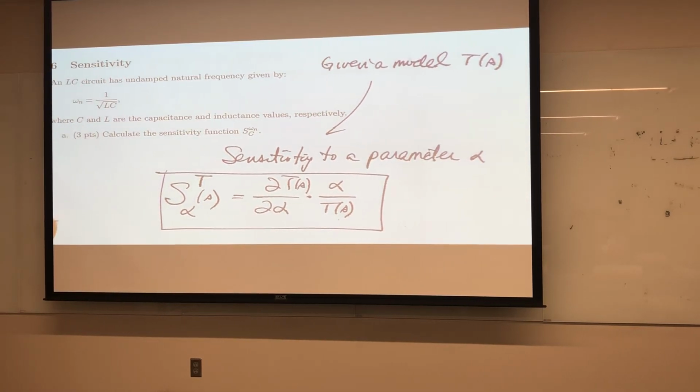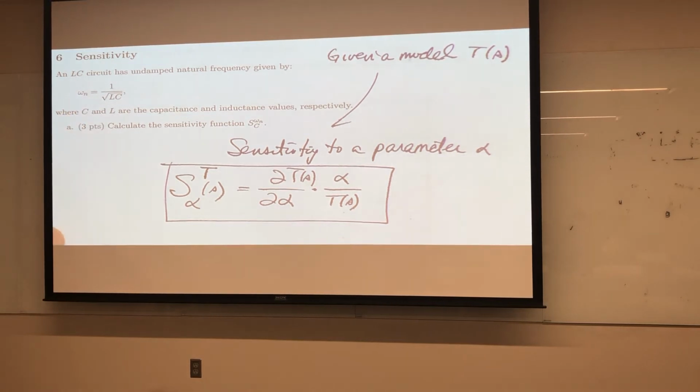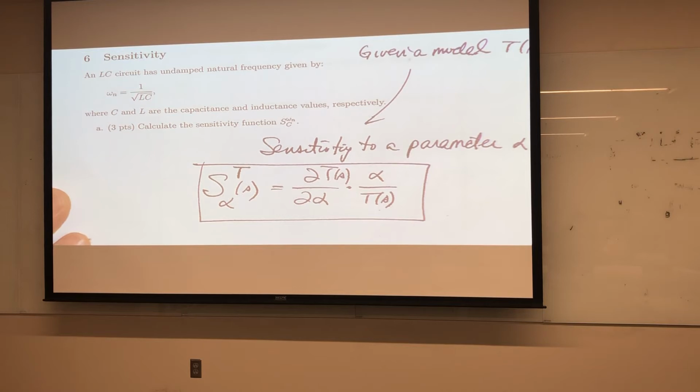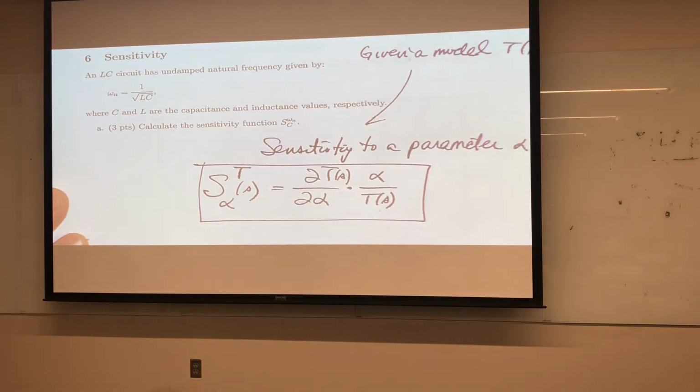In our particular case here, we take that same idea and we're looking at this model here. The model is the undamped natural frequency, 1 over the square root of LC. And somebody asks, what is the sensitivity of the undamped natural frequency with respect to C?